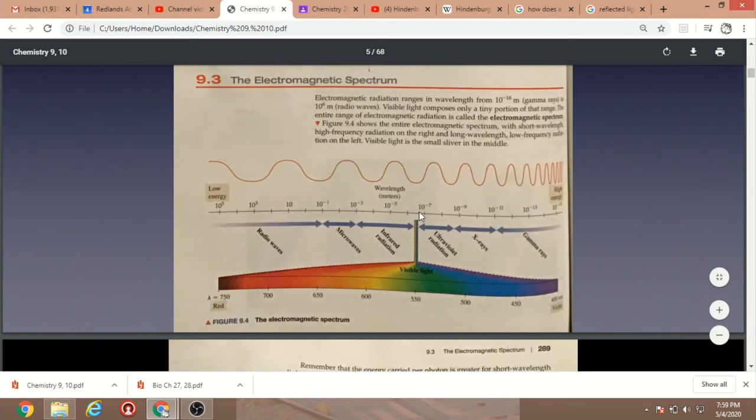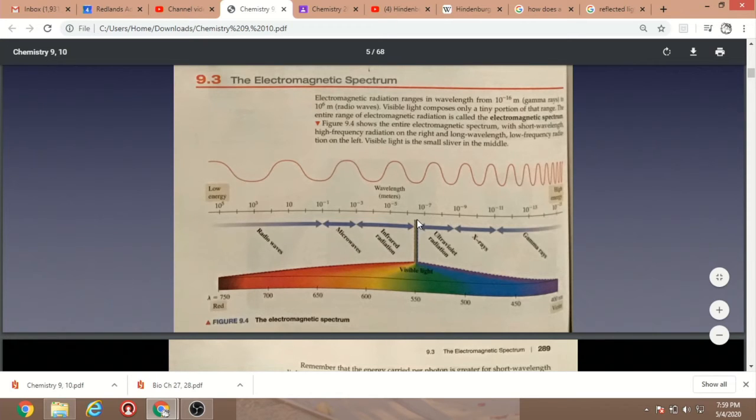It's in between times 10 to the -5 and times 10 to the -7, so it's like times 10 to the -6 meters. So basically nanometers. And here it is. If you take this little band of nanometers wavelength of radiation, you have visible light.